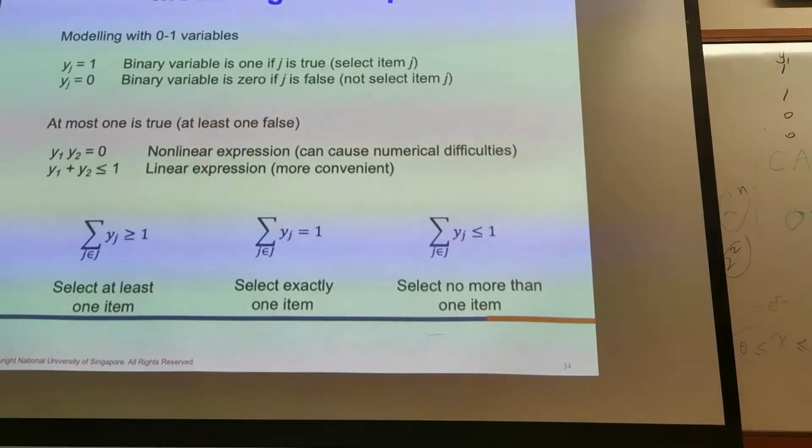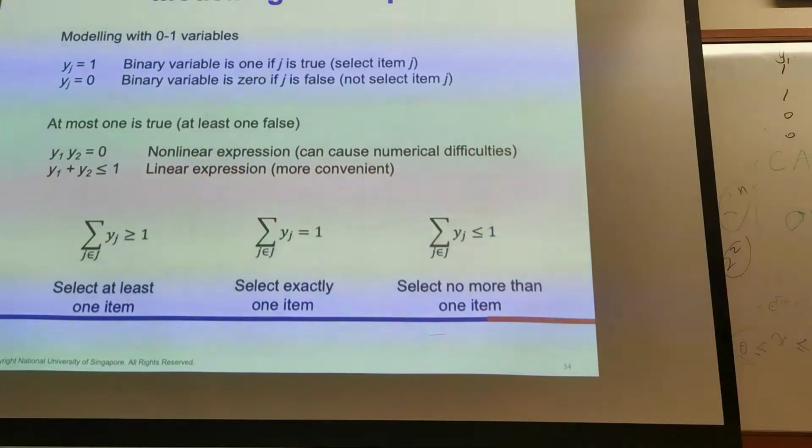So these 3 are okay. At most 1 is true, which means I can select 1, or I don't select at all. So if you have this kind of thing, you can model your decision using the binary variables.